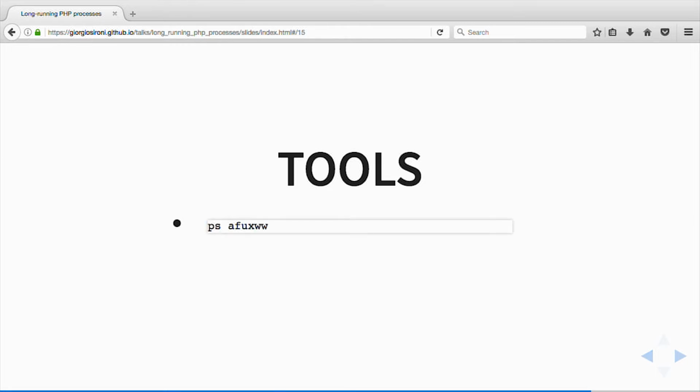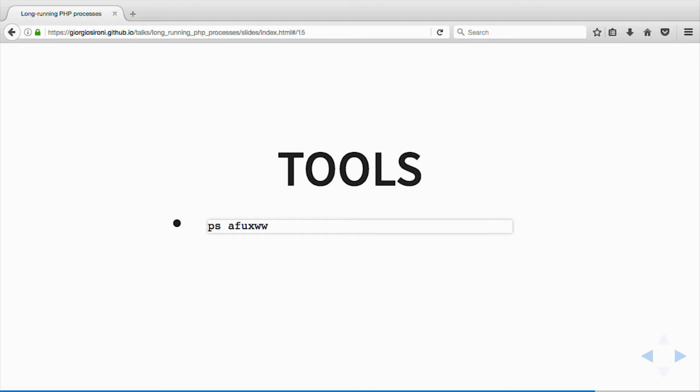So a very simple one is the ps utility that is installed in every Unix server ever. ps by itself doesn't do much, but with the right switches, it gives you a very long, sometimes noisy output of which user a process is running as, what was the original command line that was used to start it, the state in which the process is, whether it is waiting on a blocking call like an API call or a poll to a database, or whether it is actually running and occupying CPU time.